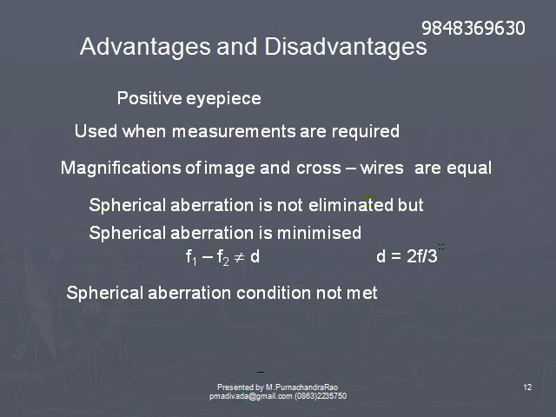Since the image of the objective is formed in the focal plane of the field lens, the magnification of the image and crosswires are equal. Since the image is formed at the crosswires, the magnification of both image and crosswires are equal, so measurement becomes easy.